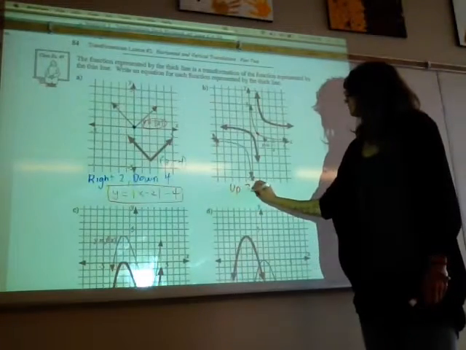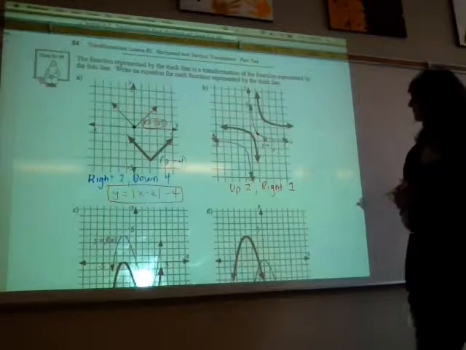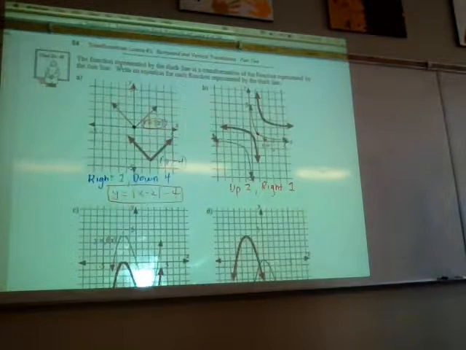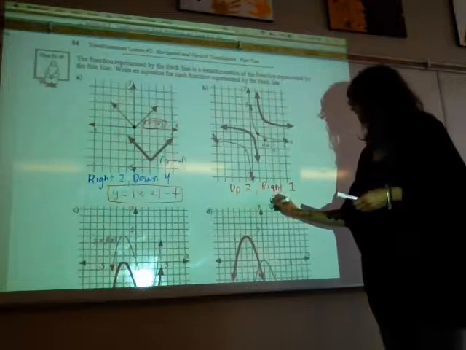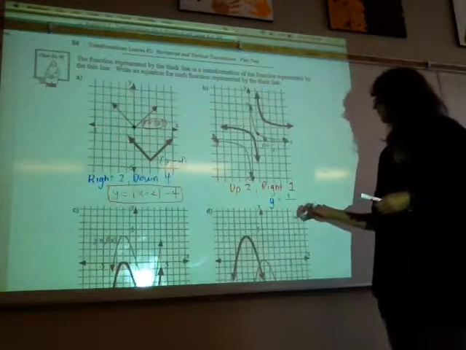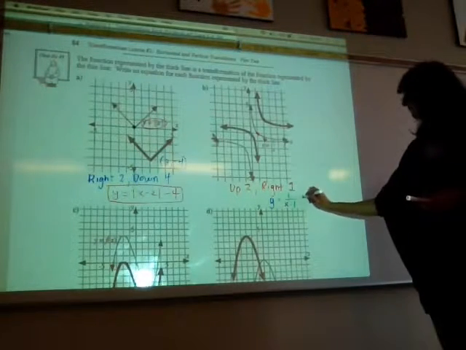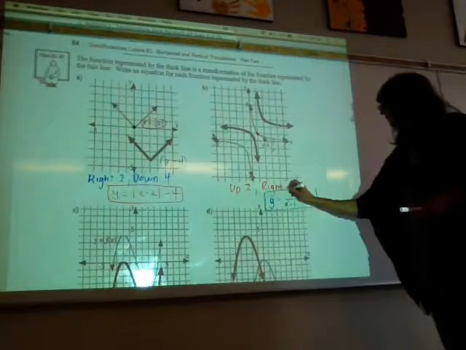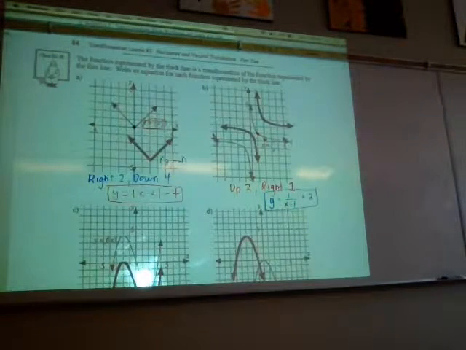So our new equation will be y equals 1 over, since we're going to the right, x minus 1, and then we go up 2. So y equals 1 over x minus 1, all plus 2. This is pretty straightforward, we're just counting spaces. Not bad?